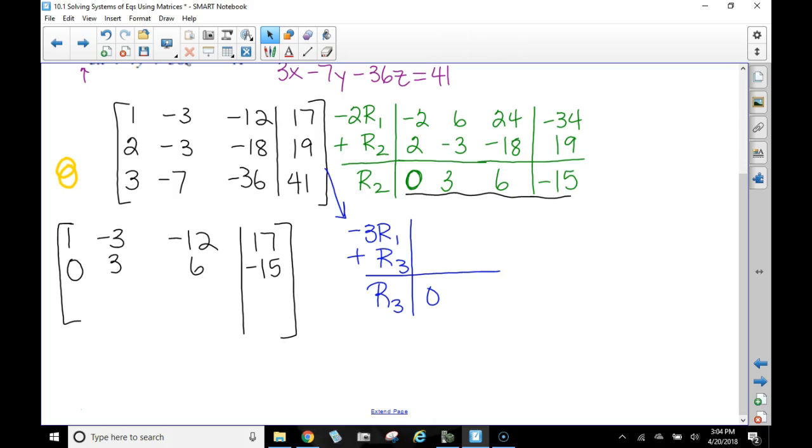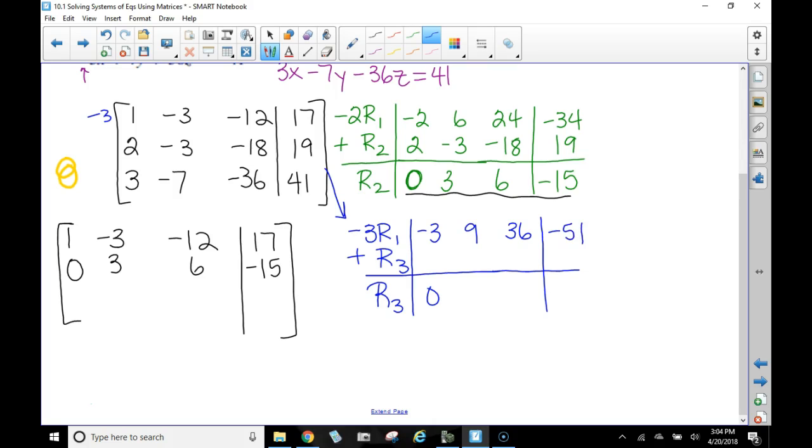So up above, negative 3 times row 1 is going to be a negative 3, positive 9, positive 36 augmented with negative 3 times 17, which is a negative 51. Now, row 3 is a 3, negative 7, negative 36, 41.